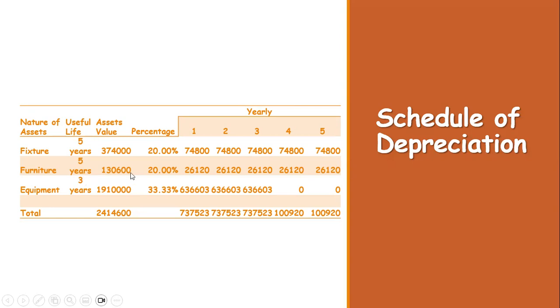Thereafter, furniture also has a 20% share on a yearly basis. On the other side, equipment will be fully depreciated within a period of 3 years. So the total for the first 3 years comes to 737,523, and for the last 2 years it comes to 10,920.